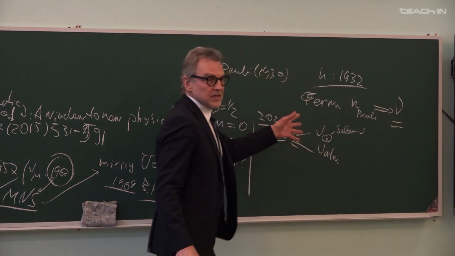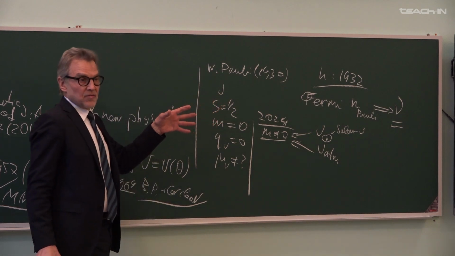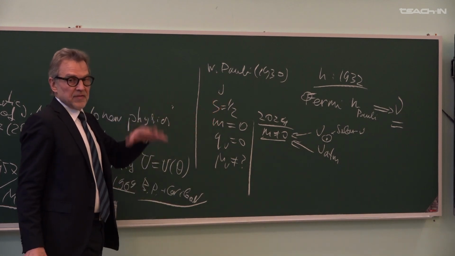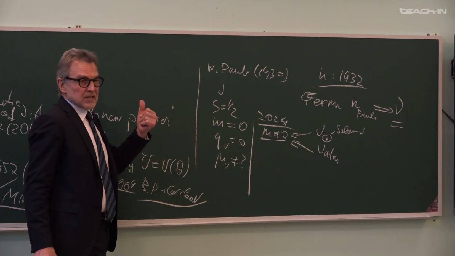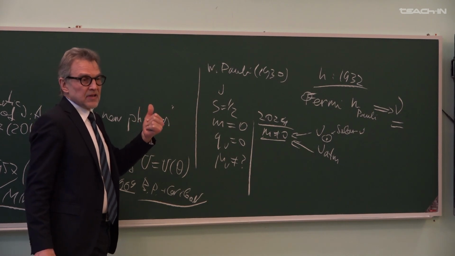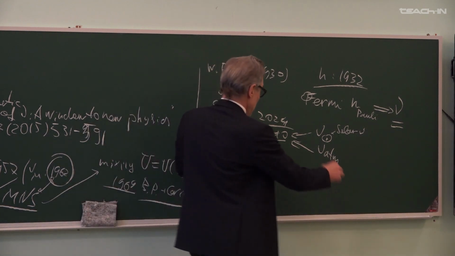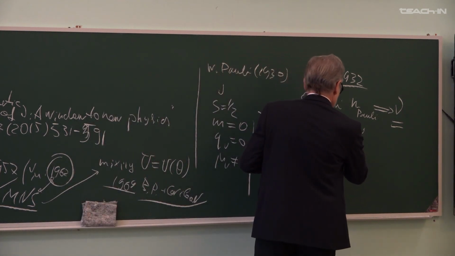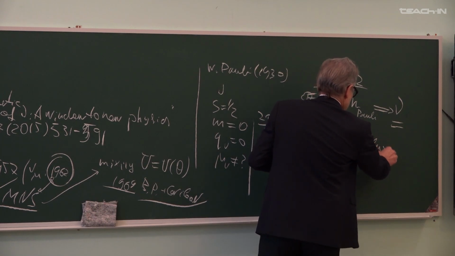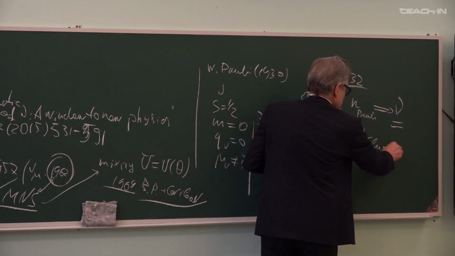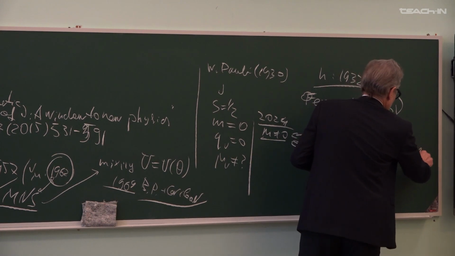So experiments detect the fluxes of neutrino from the sun and from the atmosphere here on the Earth, and the experimental fluxes cannot be described by the standard model.